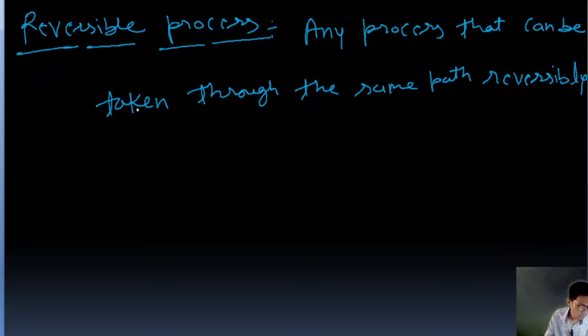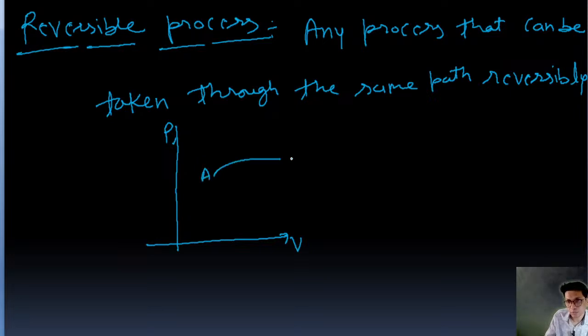This is a PV graph, and this is the process from A to B. Any process that can be taken through the same path reversibly, A to B and B to A, is called a reversible process. This process is a reversible process.